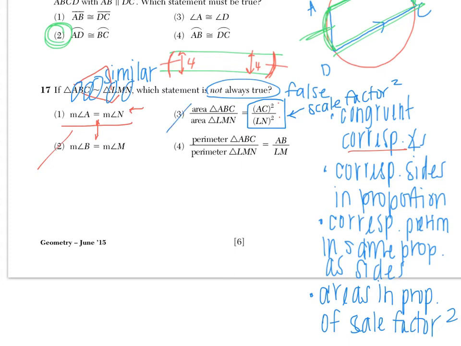So this is true. And then the last one, choice 4, says perimeter of ABC over perimeter of LMN is equal to AB over LM. AB does in fact match up with LM, and the perimeters are in the same ratio as the sides. So choice 4 is not our choice, leading us back to choice 1.